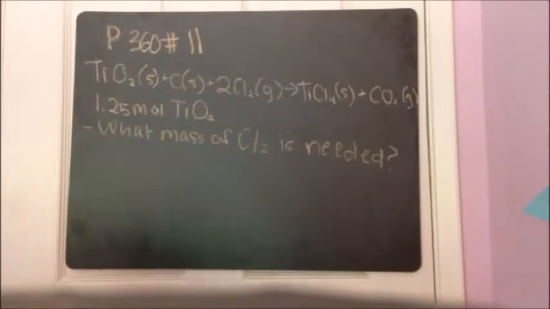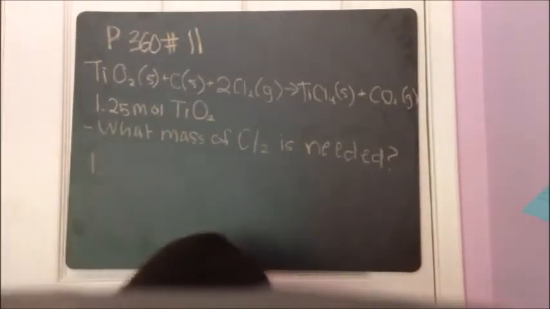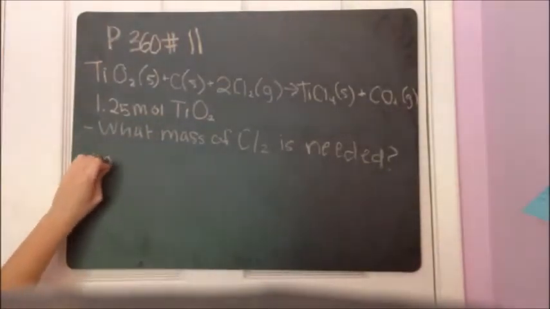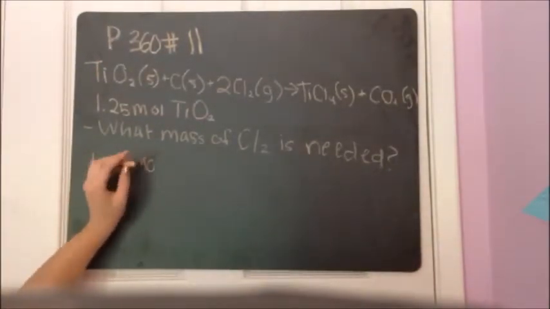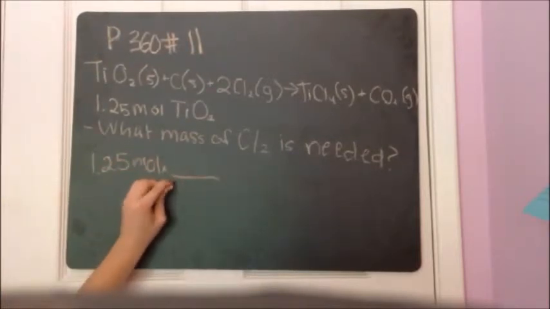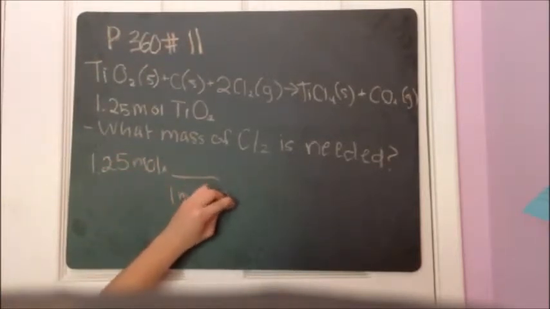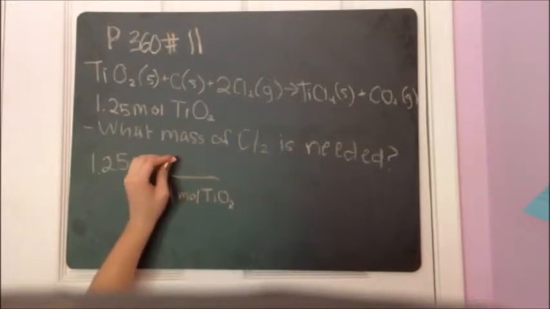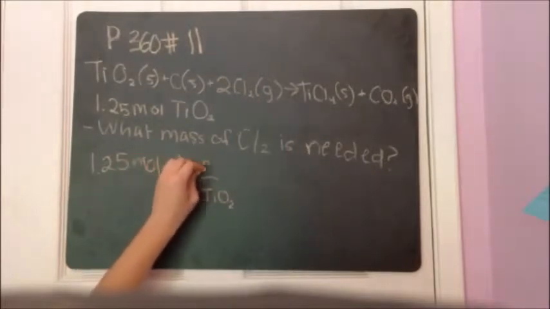So, to do this, I would first write 1.25 moles on the top, and then I would multiply it by the mole ratio, which is 2 moles of Cl2 on the top and 1 mole of TiO2 on the bottom.